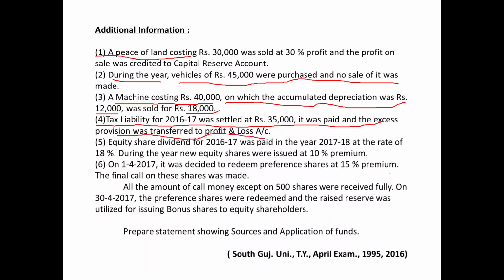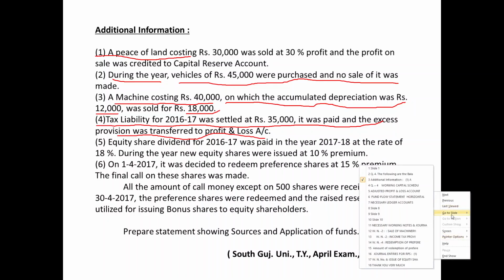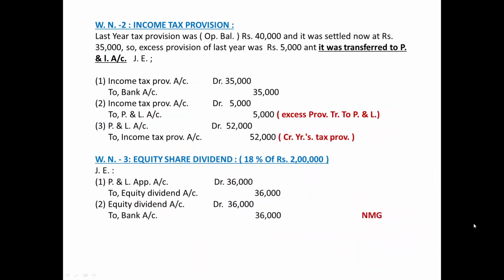So last year 2016-17, whatever the provision was made, out of which rupees 35,000 has been paid in the current year. And the excess provision, whatever it was, that has been transferred to profit and loss account is said in this particular point.